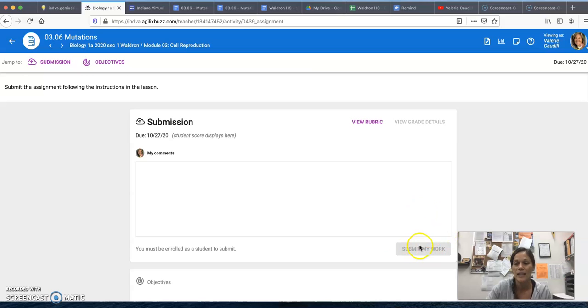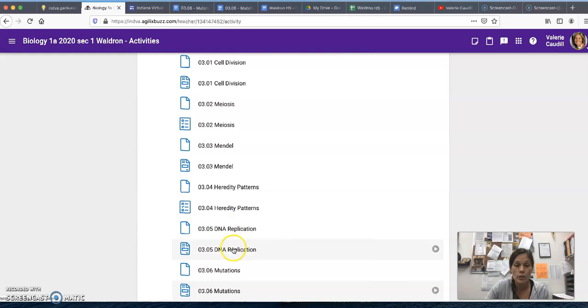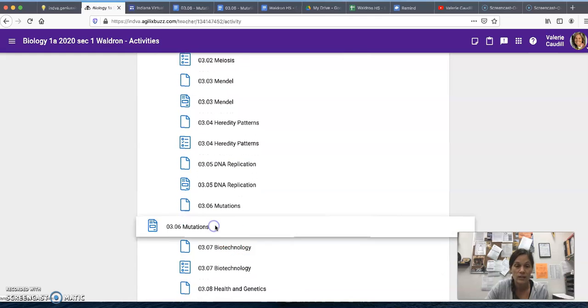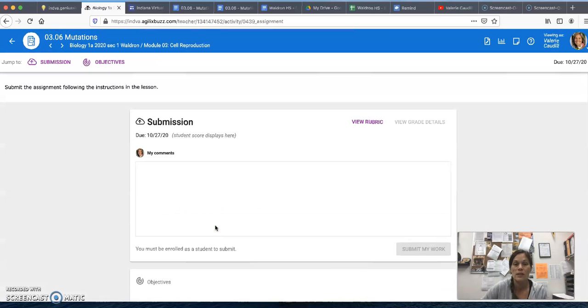You're going to click on that and add your Google Doc here. Don't forget to give me viewing rights to your Google Doc as well. You also can go to the main page and click on the mutation assignment there and submit. Once it's graded and returned to you, you always can click on View Grade Details and view any comments that I have on the grading rubric for you.